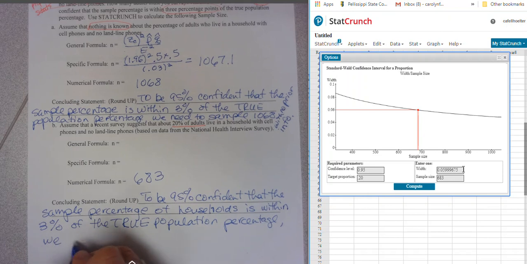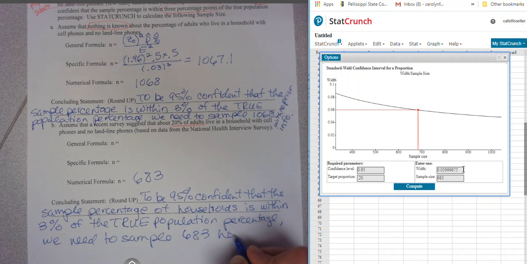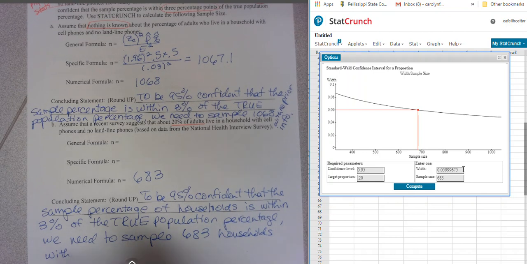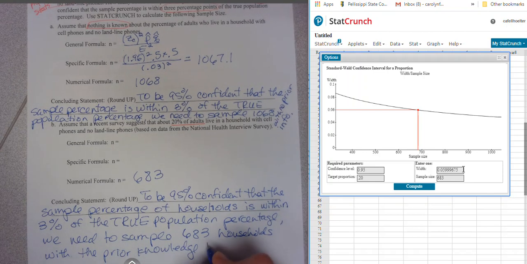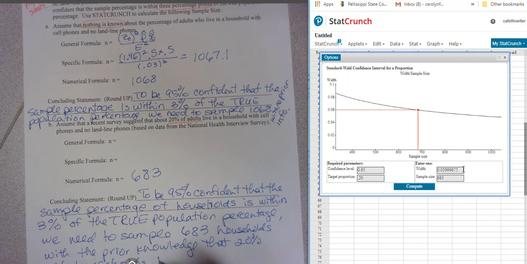We need to sample 683 households with the prior knowledge that 20% of households have no landline.